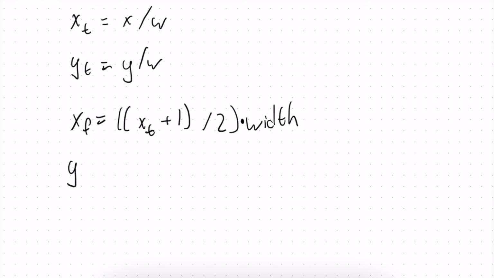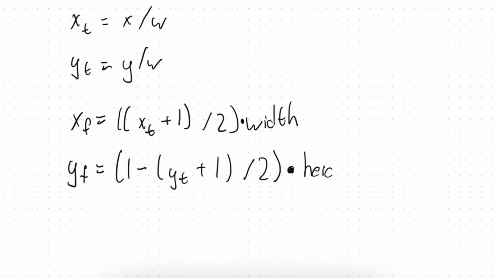And to get the final y, we're going to do 1 minus the temporary y plus 1, divided by 2, times the height of our viewport. And so that's basically everything you need to know in terms of the conceptual mathematical part.